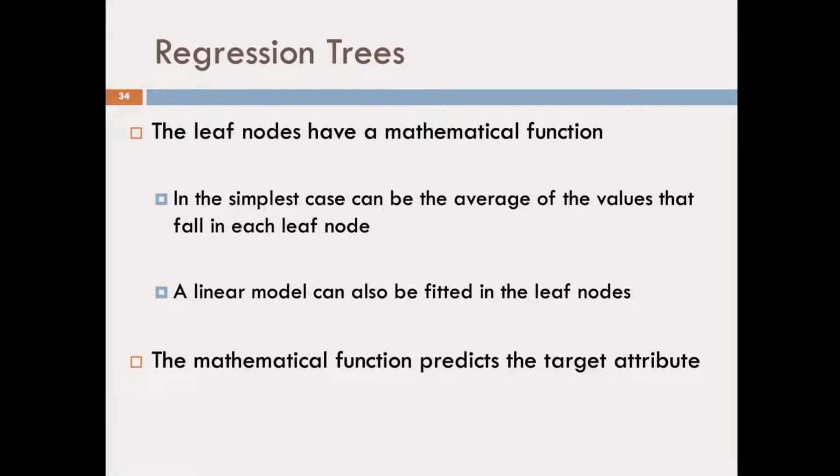In the simplest case, the leaf nodes of our tree will contain some instances, we get the numeric target values of each instance, and we take the mean. So in the simplest case, each leaf will contain the mean of all the outcome values of the instances that fell in that leaf.